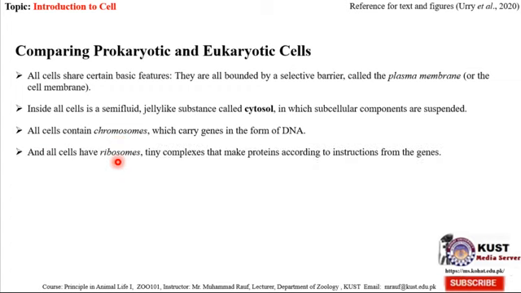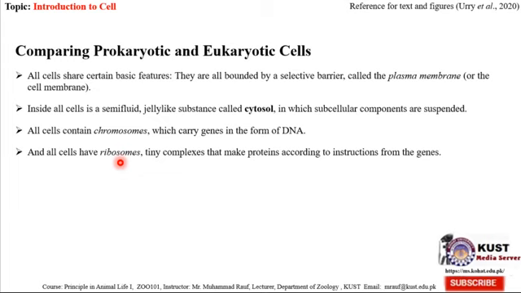And all cells have ribosomes. Now ribosome is called a universal organelle because it is present in almost every type of cell. Why is it present in every type of cell?